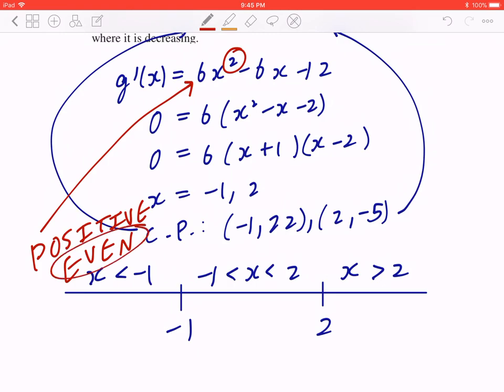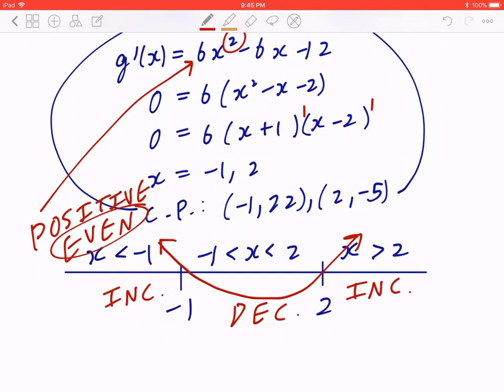So the fact that it's positive even means it's going to go from quadrant number 2 to quadrant number 1. So it's going to look something like that. And again, you can tell because the exponents are 1, which are odd, so it'll cut right through. So this is going to be increasing, decreasing, and increasing, just like that.